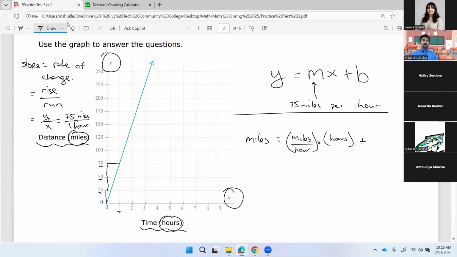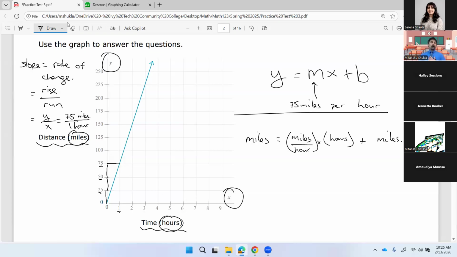My starting amount in what? In miles. Which is that the origin would be off. Exactly. I started from home in this case.